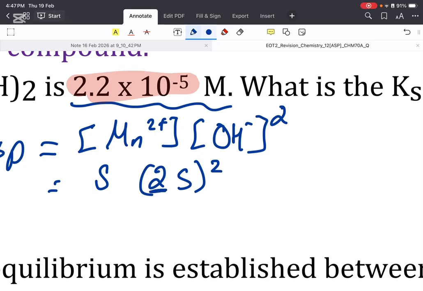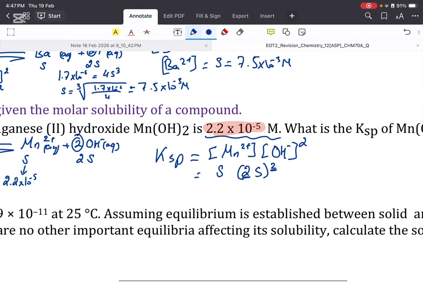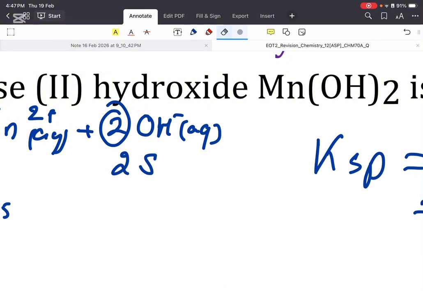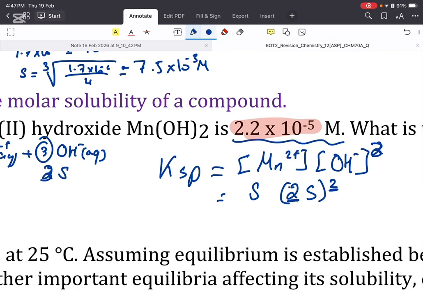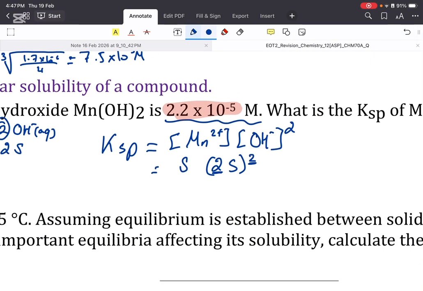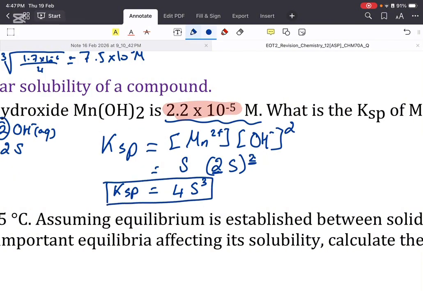Remember, the number that should be here should be the same as this one, because if, for example, I have 3 here, I'll be writing 3 here. So it would be raised to the power of 3, and here it would be 3S. I hope you understand what I mean by this. So KSP is equal to 2 squared, which is 4, and S squared times S is S cubed. So that's the expression of KSP.